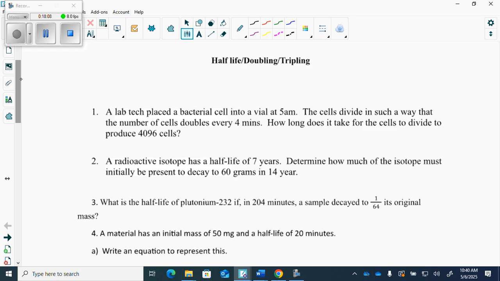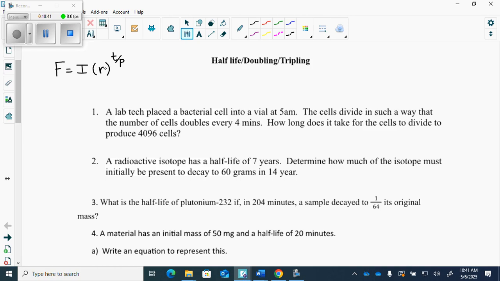So the formula we can use for halving, doubling and tripling is still final equals initial, and then I put an R to the T over P. You can put the R as whatever you want. The key thing is the R is a number once you apply it to 100. So if it doubles, what is my R? 2. If it triples, what's my R? 3. If it halves, what's my R? 0.5.